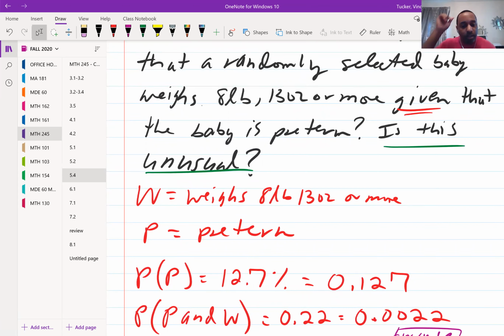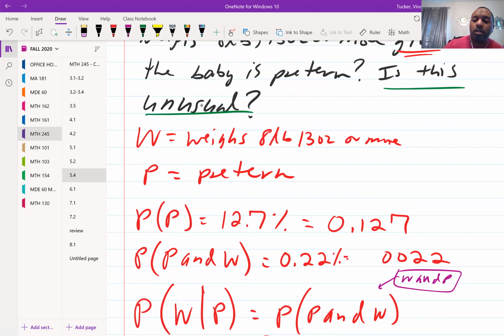And the probability of being preterm and weighing 8 pounds, 13 ounces or more is 0.22%. So carry your decimal 2 spots to the left, just like we did with 12.7%. That's 0.0022.